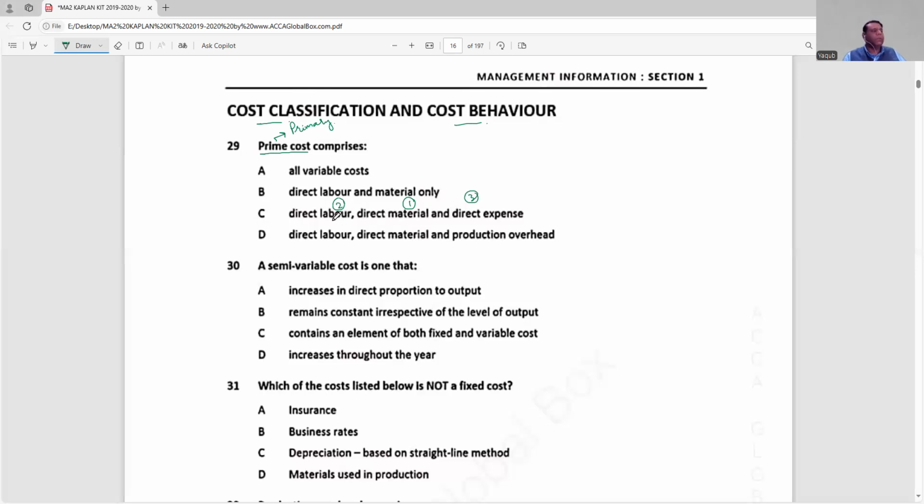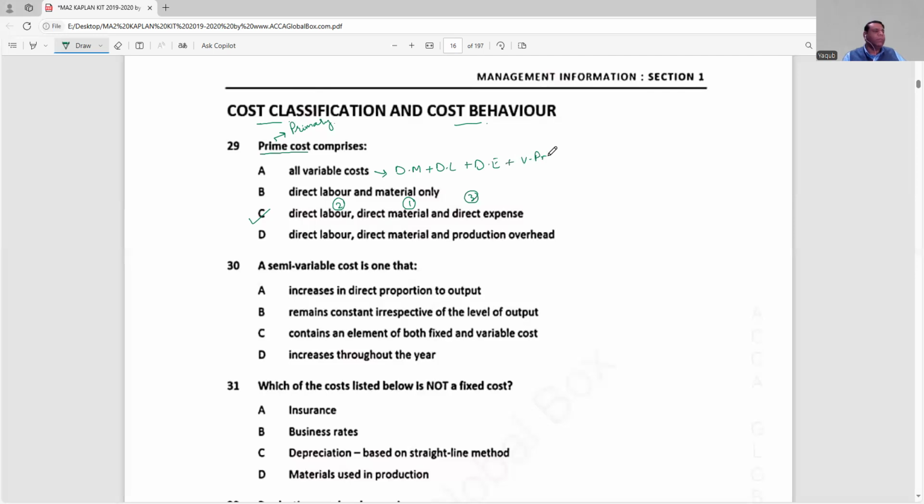But it does not make a difference if we change the order. Either we write direct labor first, direct material second, and direct expenses third, or we write direct expenses third, then direct material or direct labor. So this is the correct answer. All variable cost is not considered as prime cost, because all variable cost includes direct material, direct labor, direct expenses.